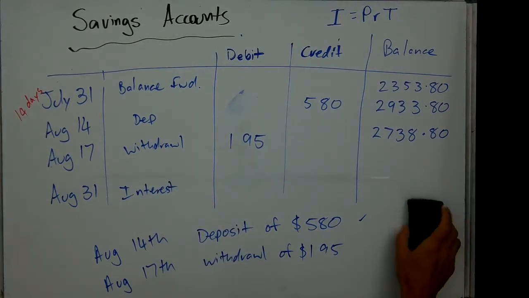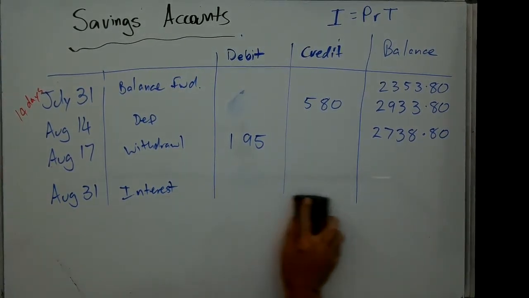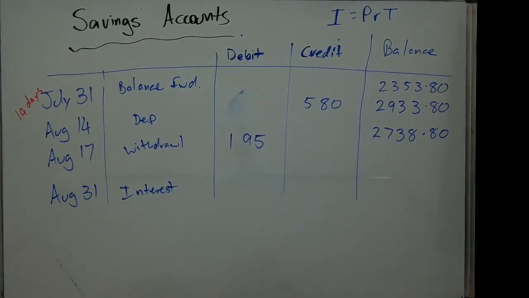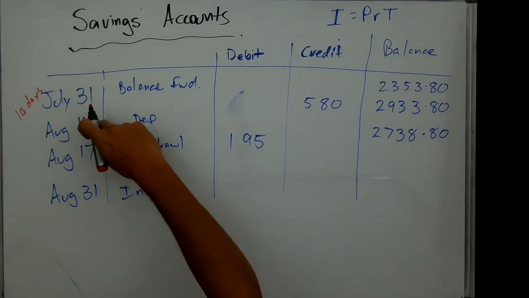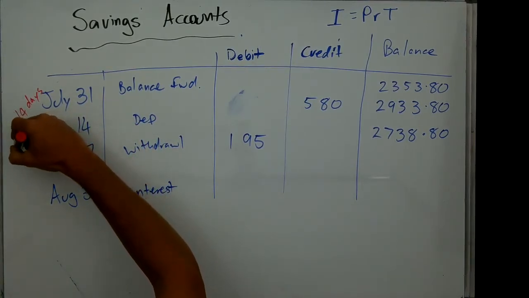Okay, so now that we've got this information in our table, I'm just going to get rid of that. We need to work out how many days. 14, 15, 16. This is 3 days.